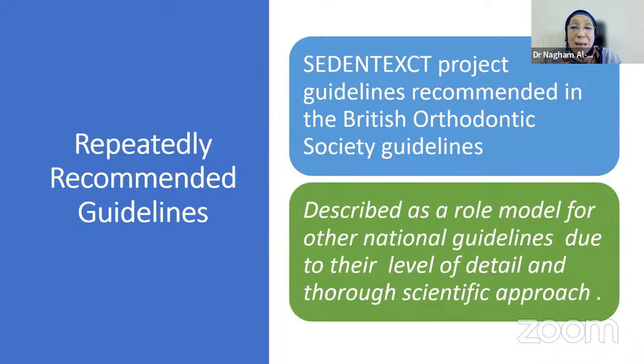And both guidelines were described as a role model for other national guidelines. So the SEDENTEXCT and the British Orthodontic Society guidelines were recommended as a model for other nations to draft their guidelines accordingly. And that's because of their level of detail and thorough scientific approach.